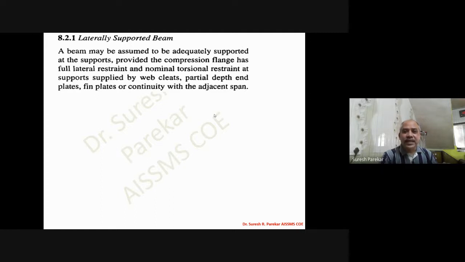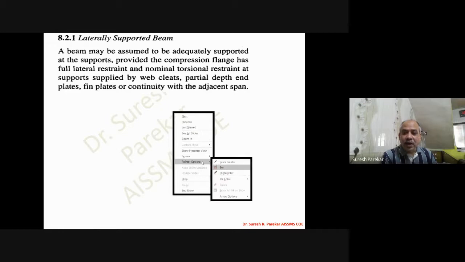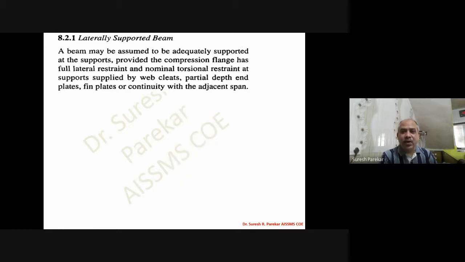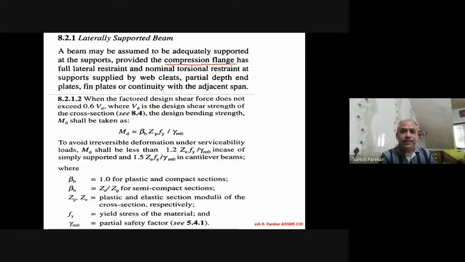It is clearly mentioned that the flange has full lateral restraint, and that relates only to the compression flange, not the tension flange. So whether a beam is laterally supported or unsupported relates to the compression flange, and has nothing to do with the tension flange.